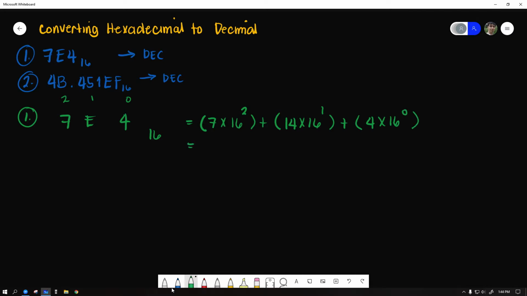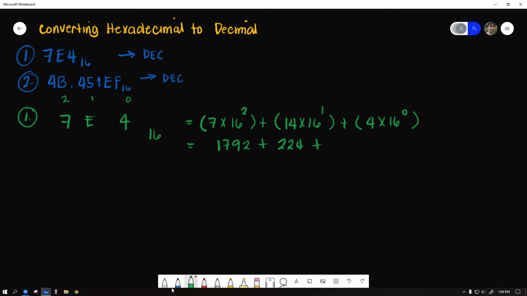So if you total this one, 16 squared times 7 will be 1792. Okay, let's repeat that one. 7 times 16 squared is 1792. Plus 14 times 16 is 224.